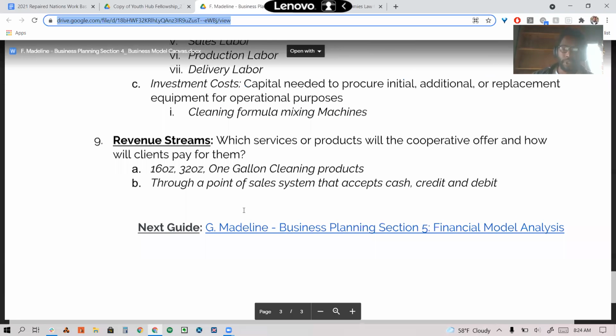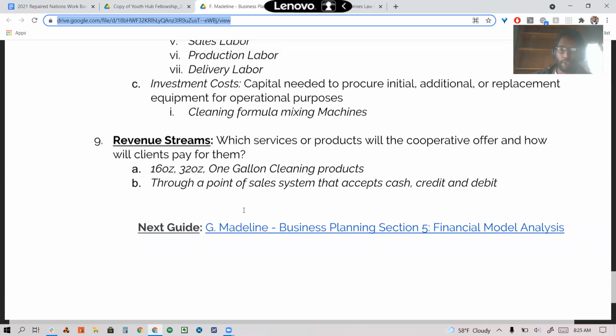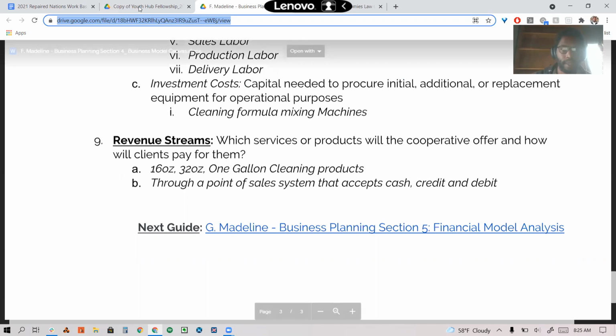For revenue streams, you're looking at which services or products the cooperative will offer and how clients will pay for them. In this example, they're talking about 16-ounce, 32-ounce, or 1-gallon cleaning products, all bought through a point of sale system that can do cash, credit, and debit.